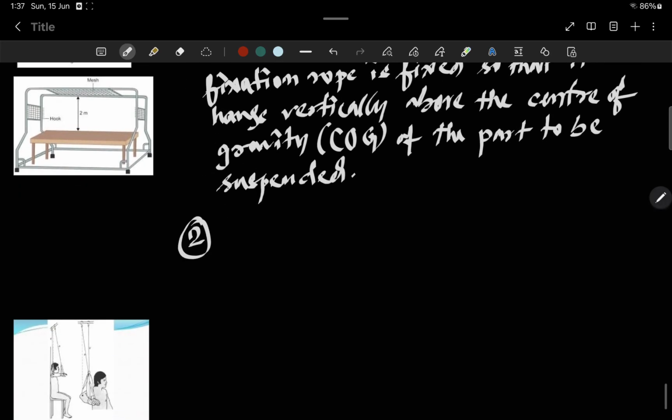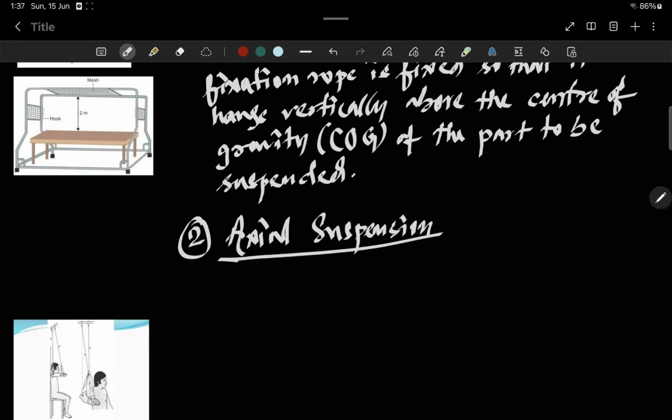Number 2, axial suspension. It is the most common type.